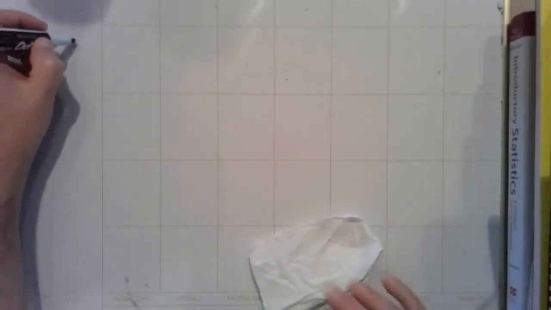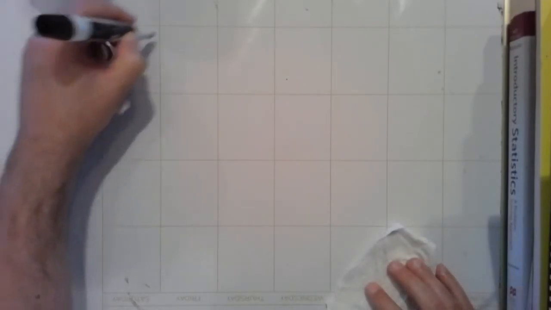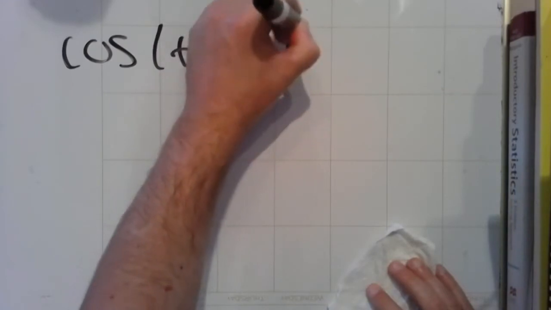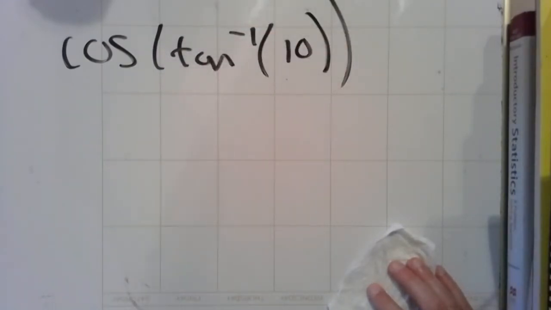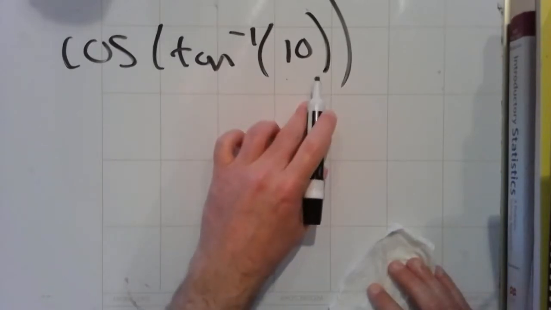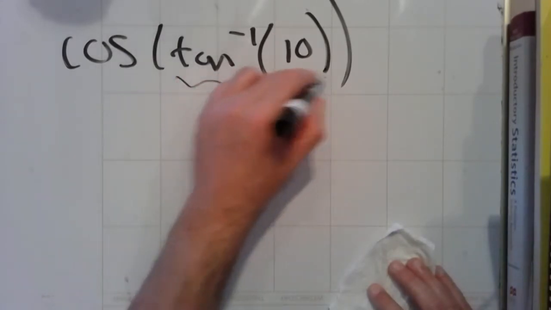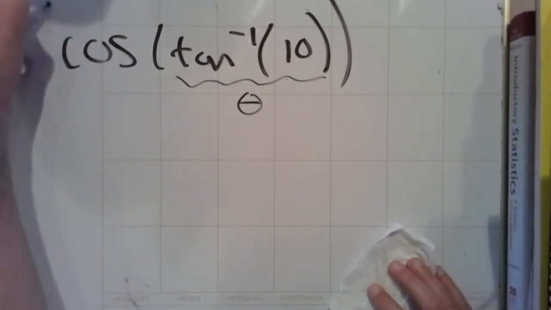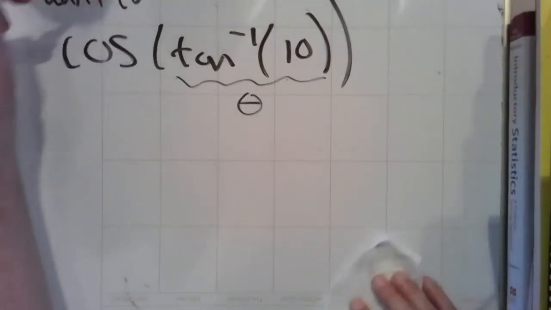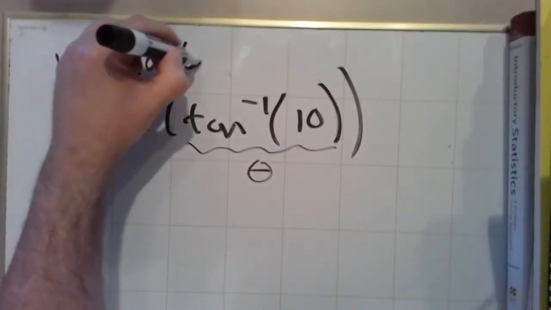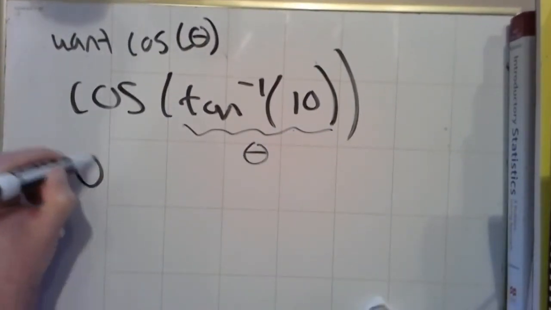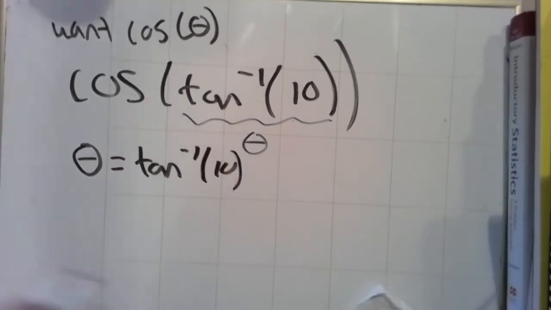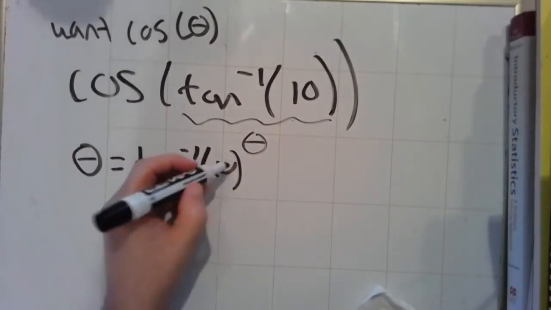Let's do, oh, I don't know, cosine of inverse tangent of 10. That's an interesting one. So call this theta. I'm really asking for cosine of theta. So theta is the inverse tangent of 10. Notice I'm not getting my calculator out for any of this.